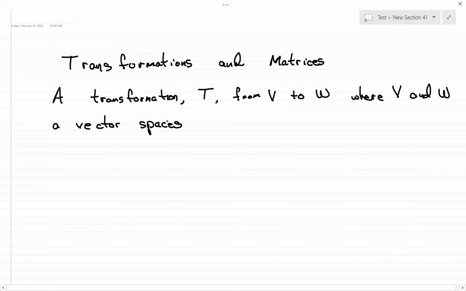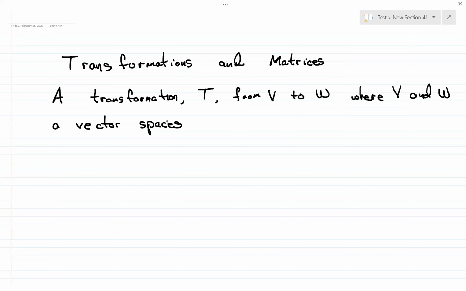Okay, now V and W could be different vector spaces, or they could be the same. And we all know what a function is from Math 3100. A function for everything in the domain assigns one value in the codomain.